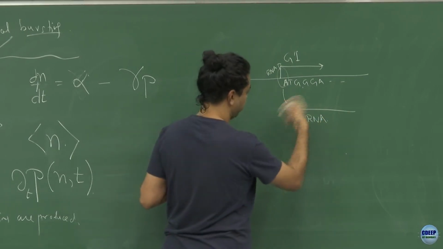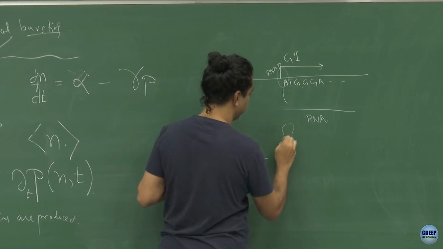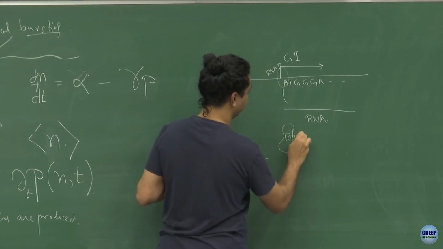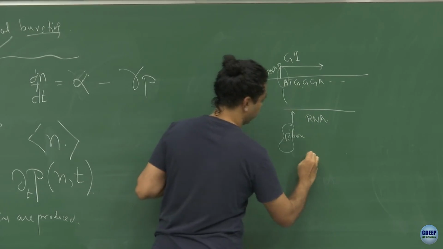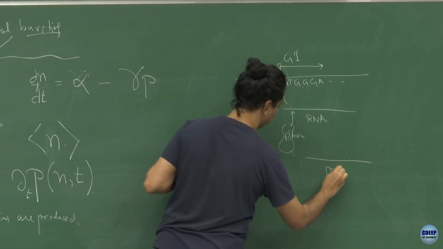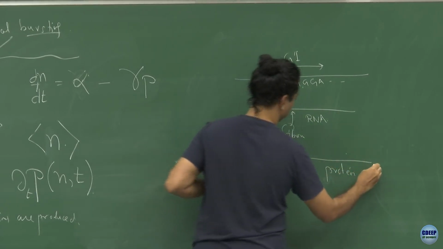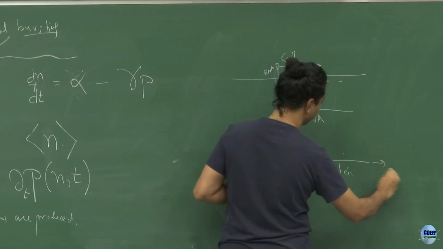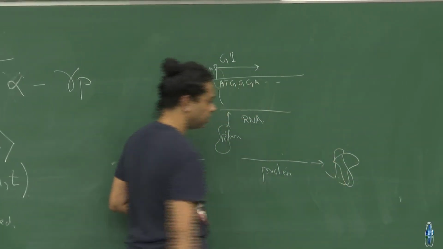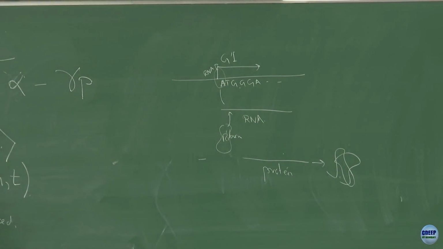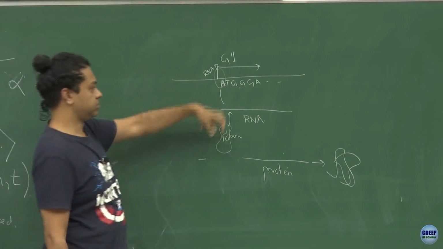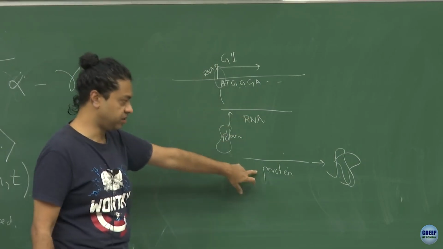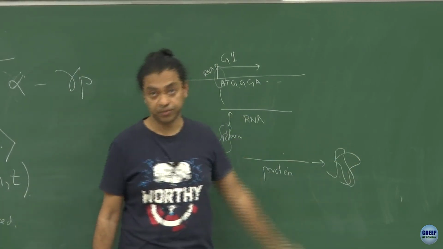Then another big protein, the ribosome, comes and binds to this RNA and produces this protein. The protein folds, so it has some structure. So here is this folded protein. This gene was read, transcribed into RNA, translated into protein, and now we have this protein.